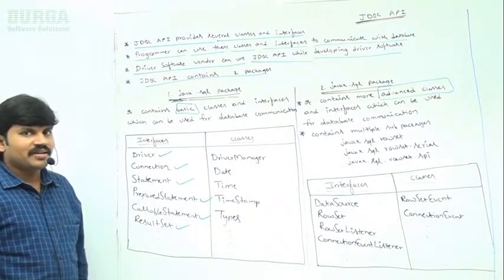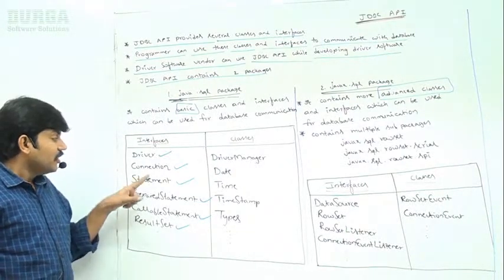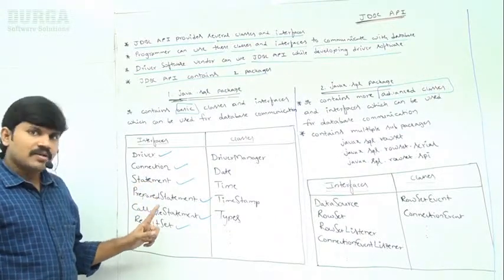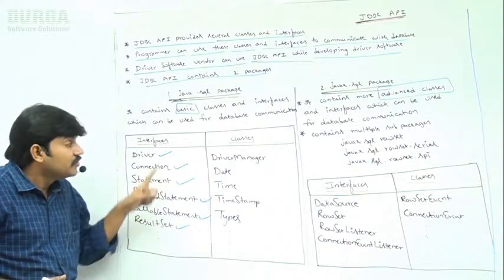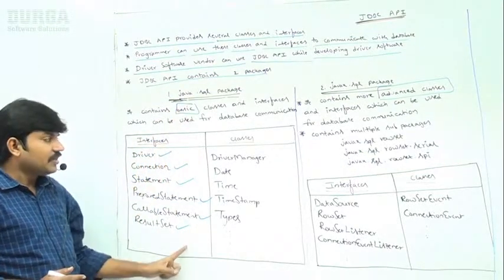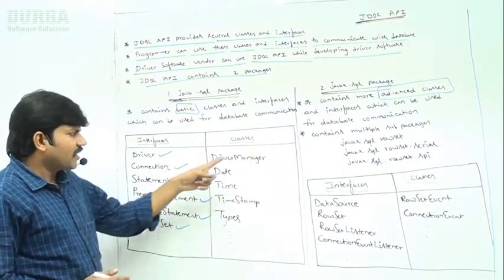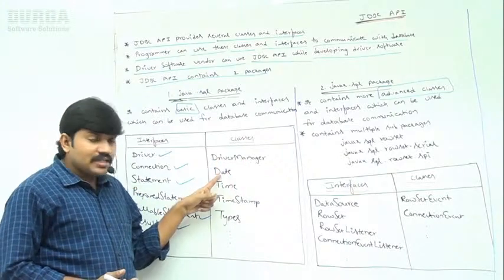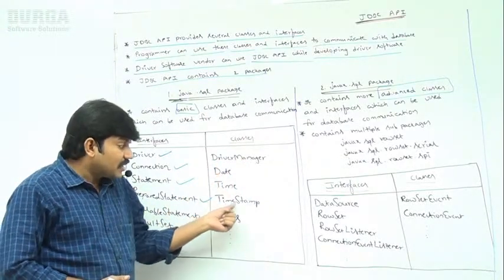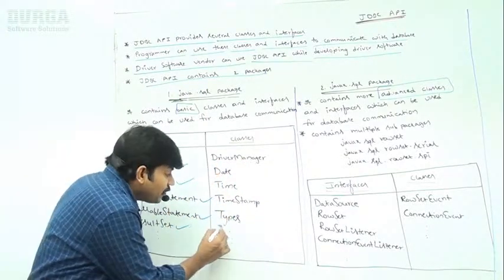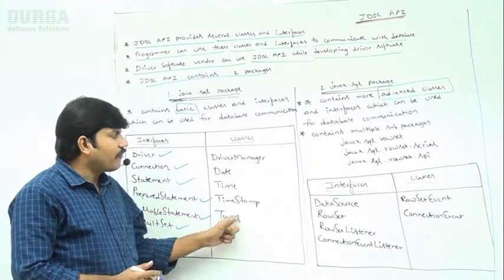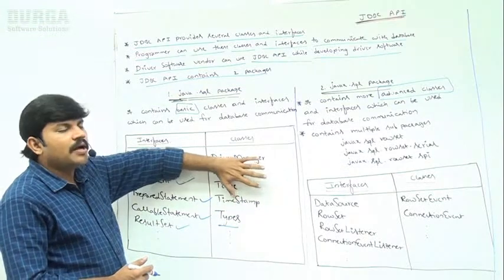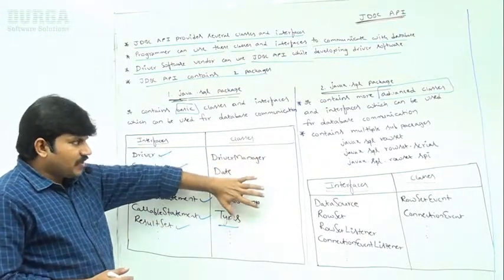How many statements are there in JDBC? Statement, PreparedStatement, CallableStatement, all these are interfaces present inside the java.sql package. So what are the various classes? DriverManager is a class, Date is one class, Time is one class, Timestamp is one class, Types is also one class, to define JDBC types. This is the basic JDBC terminology.